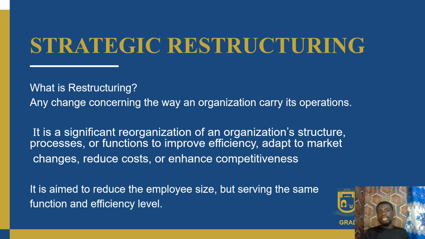The basic function of Accra Technical University is teaching, but they may decide to add other functions to improve efficiency and adapt to market changes. With the changes that come into the market day in, day out, the organization may try to reorganize itself in order to adapt to these changes, to reduce cost and enhance competitiveness.